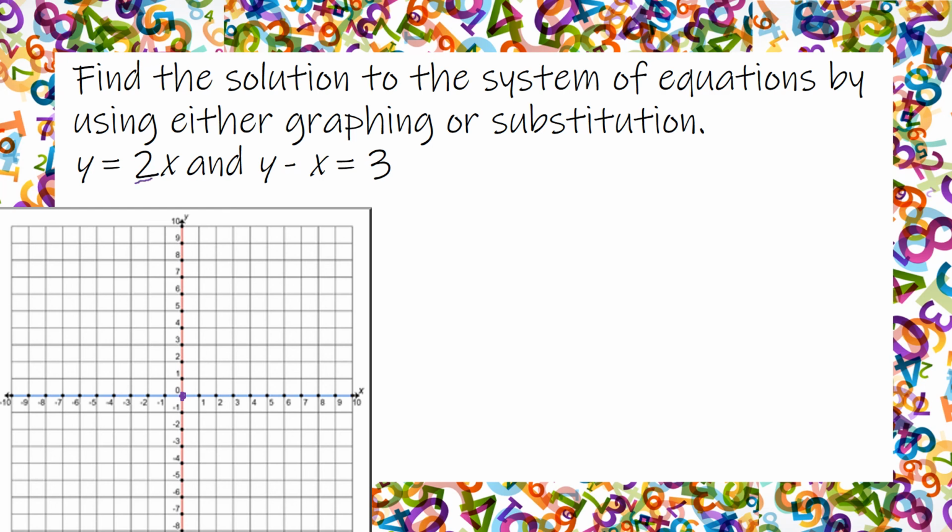And our slope is +2, which means +2 over 1. So every time it goes up 2, it goes to the right 1. I missed the dot right there. Sorry about that. There we go. So we can draw our line.